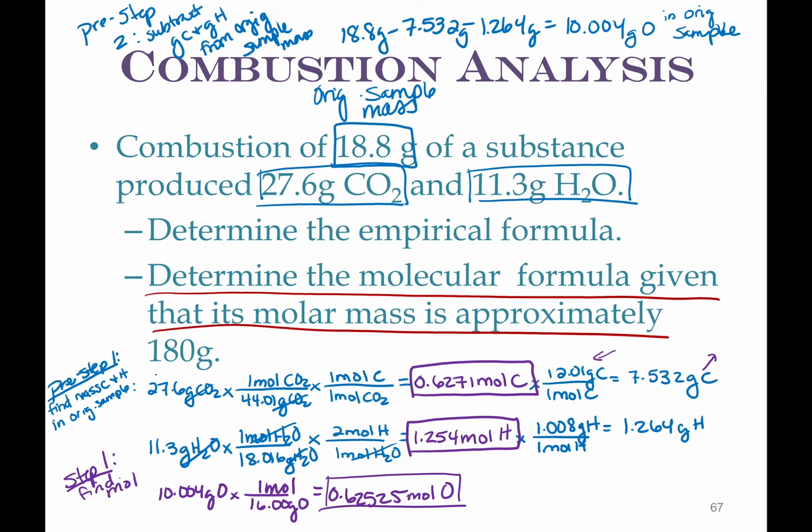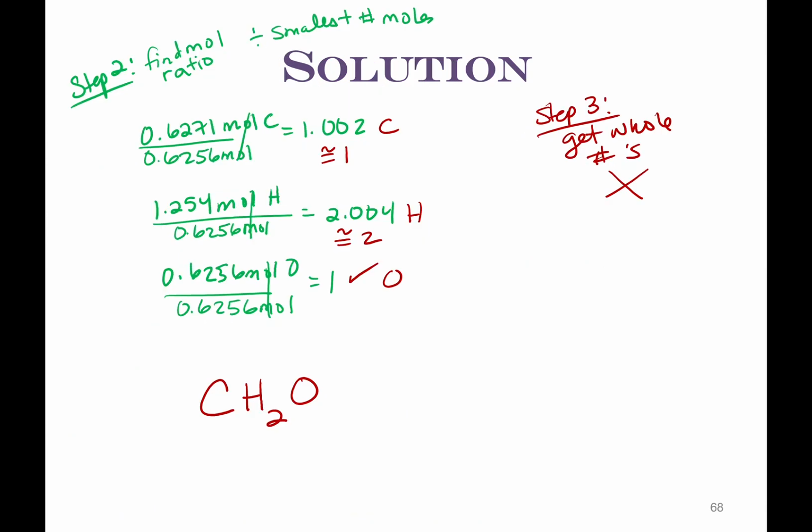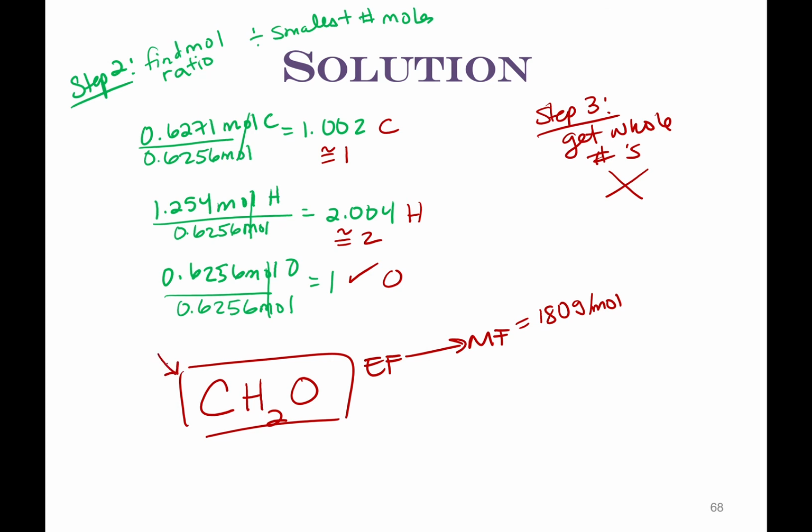Now the original problem, if you go all back to this slide, says determine the molecular formula given that the molar mass is approximately 180. So we can actually take this empirical formula and find the molecular formula because we're given that this is equal to approximately 180 grams per mole. So the empirical formula mass for this, if you remember, we just calculated a couple slides ago, was 30.03, or actually like 30.026.